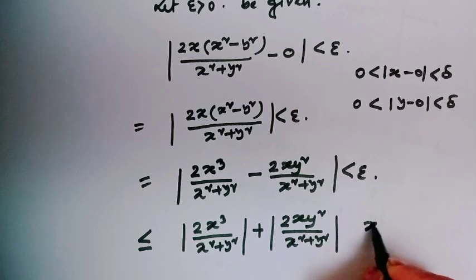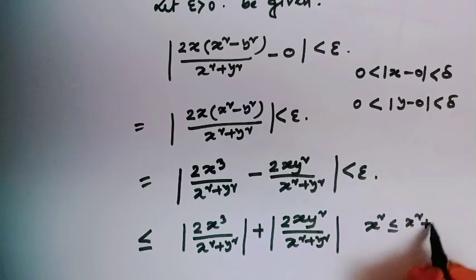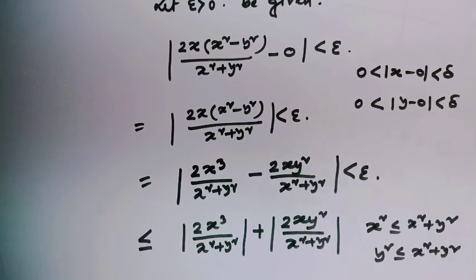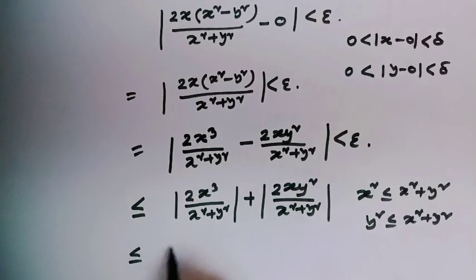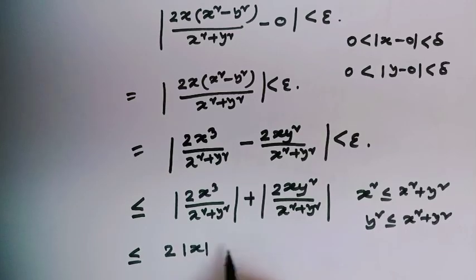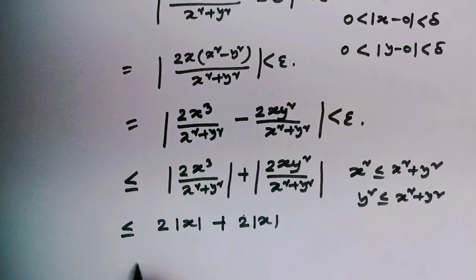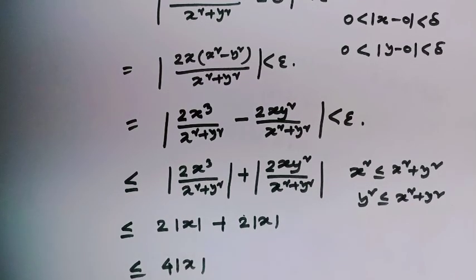We all know x square is less than or equal to x square plus y square, and y square is less than or equal to x square plus y square. From this line we can write this is less than or equal to 2 times mod x, and this is 2 times mod x, which is less than or equal to 4 times mod x, which is less than 4 delta.